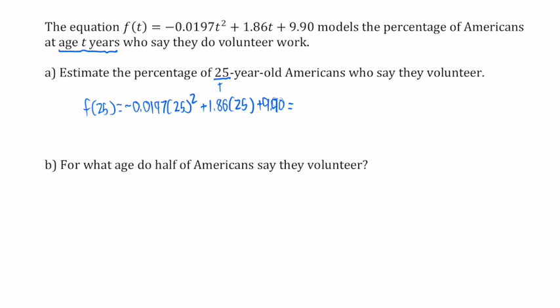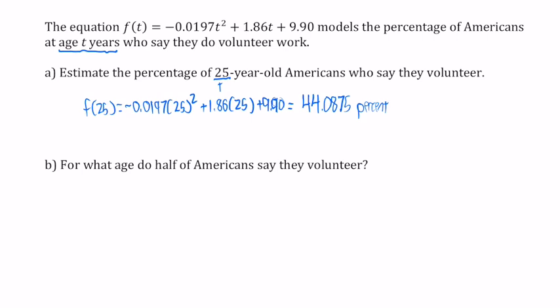Negative 0.0197 times 25 squared plus 1.86 times 25 plus 9.9. Here we get about 44.0875. So we can say 44.0875% of 25-year-old Americans say they volunteer.